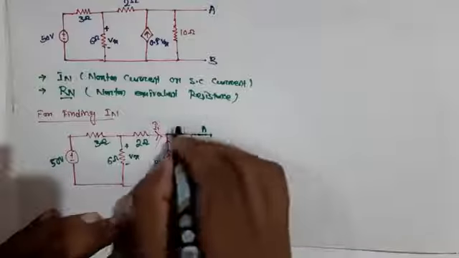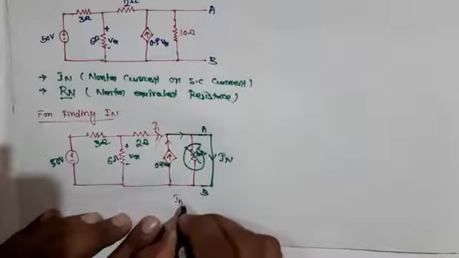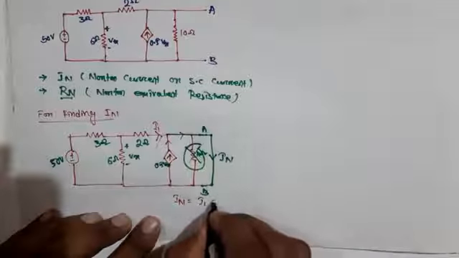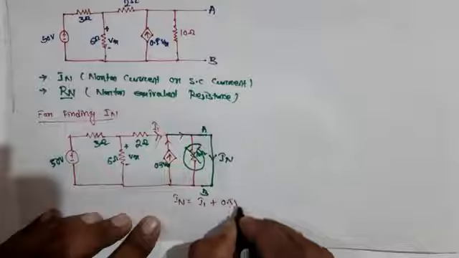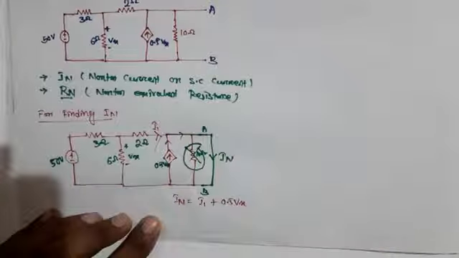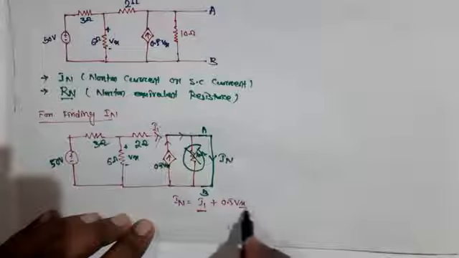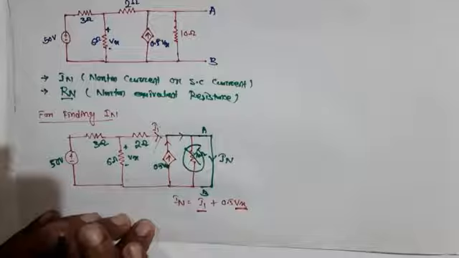So IN is equal to I1 plus 0.5 Vx. This is the current IN. We need to find the I1 value and the Vx value, so that we can find IN.